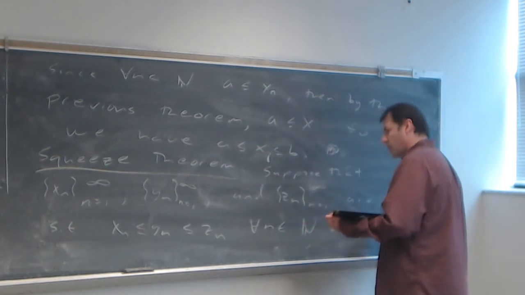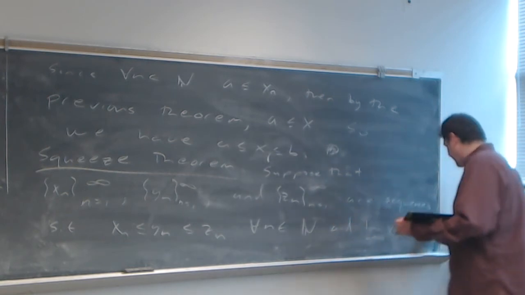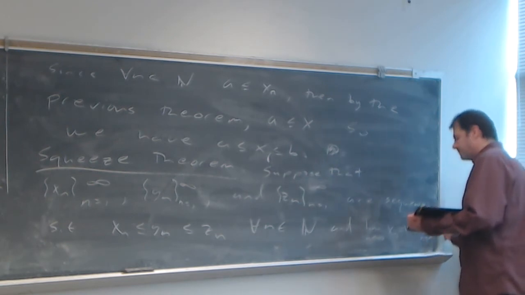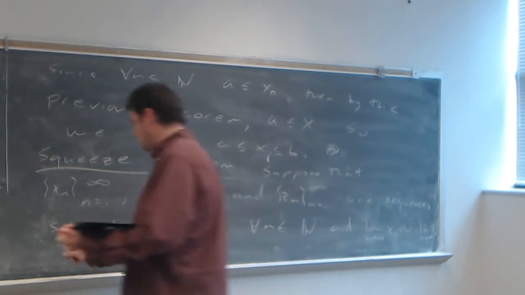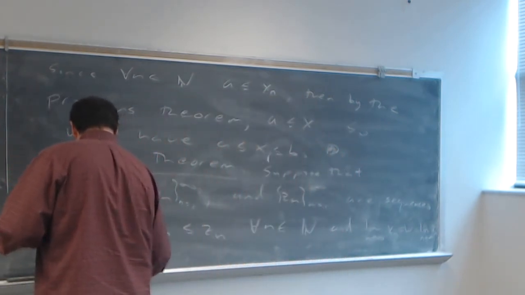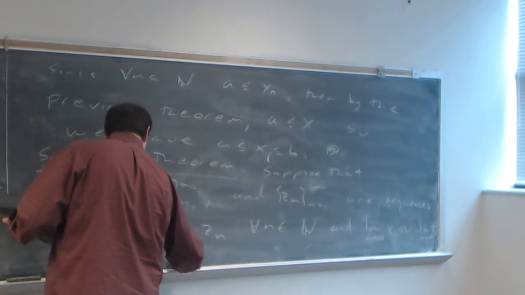And we're also going to suppose that the limit as n goes to infinity of x sub n equals w, which equals the limit as n goes to infinity of z sub n. Then the conclusion: the limit as n goes to infinity of y sub n is going to equal w as well.